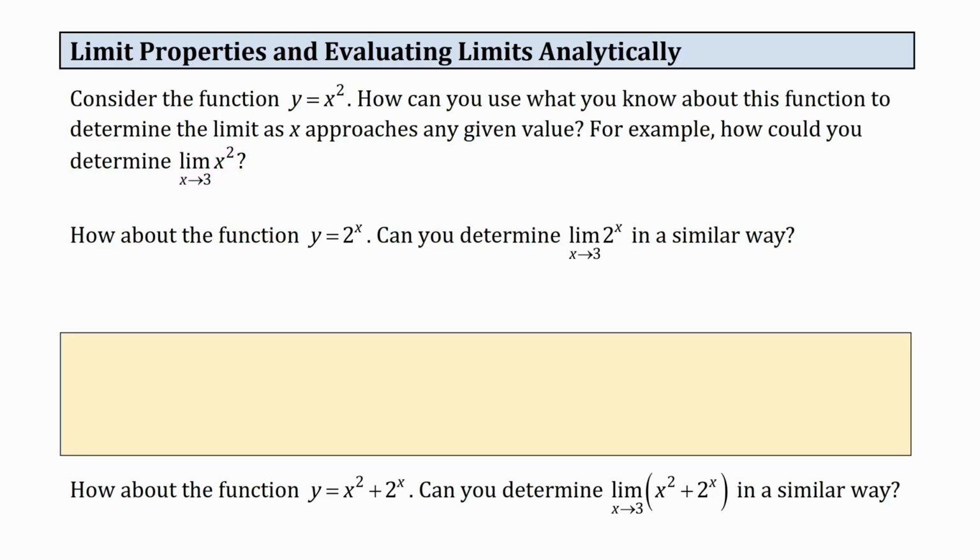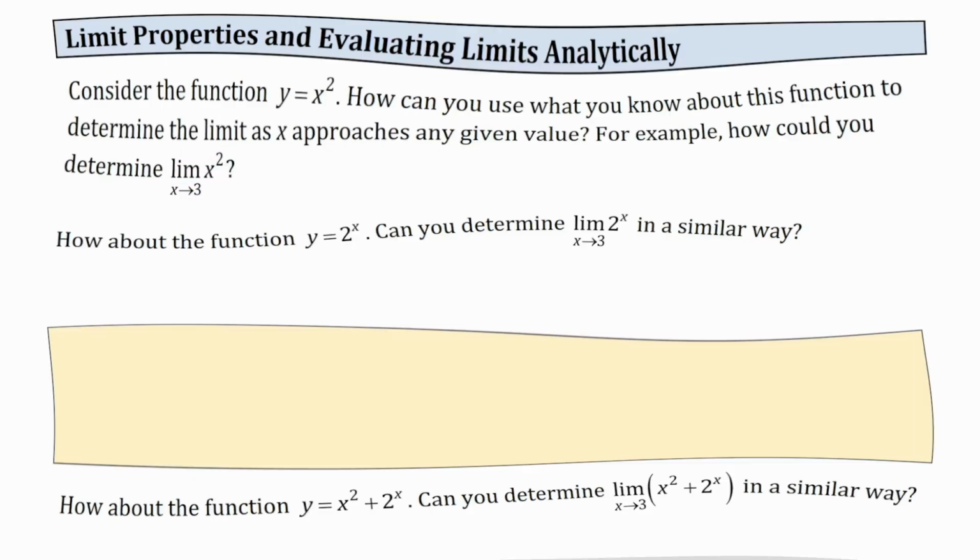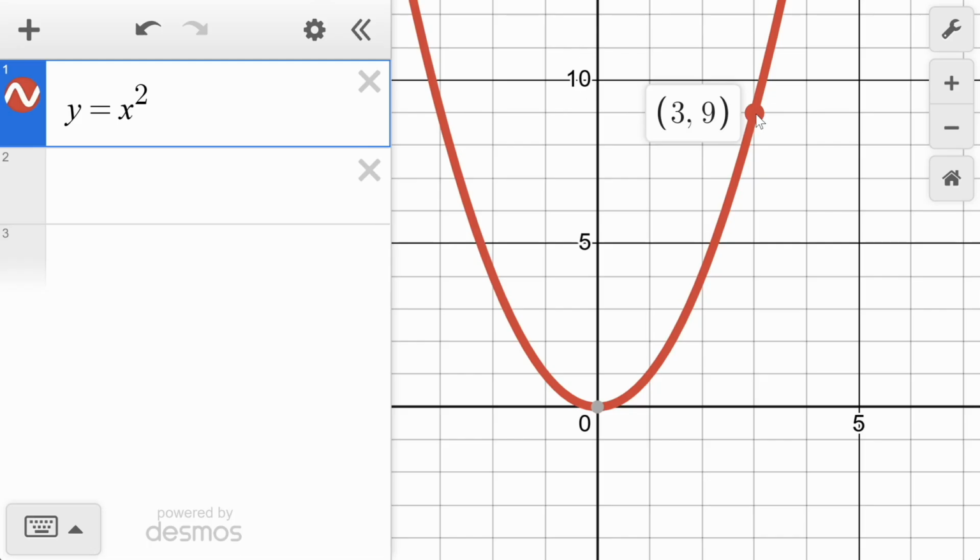Well, if you just picture the graph of that function in your mind, first of all, you know that when x is 3, y is 9 for that function. But what you maybe haven't thought of before is, as the x values get closer and closer to 3, the y values get closer and closer to 9 from either side.